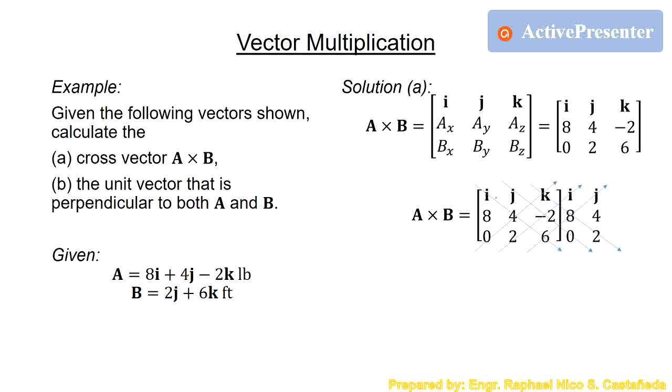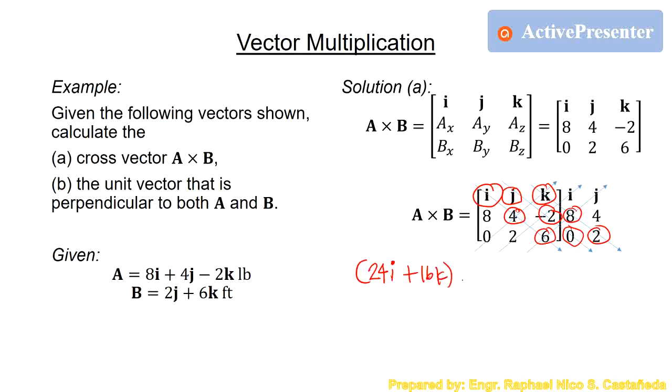So for example, we have i, 4, and 6. We will try first the downward arrows. So i, 4, 6 is 24i. Then we have j, -2, and 0, that is 0. k, 8, and 2, that is 16k. So that is the downward.